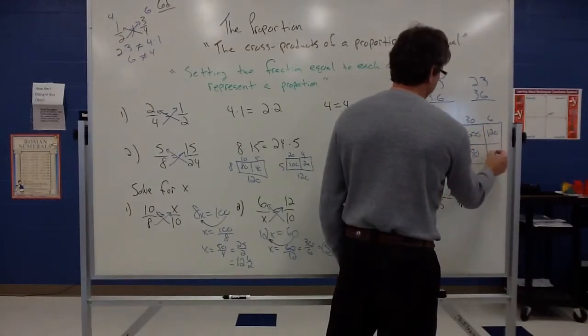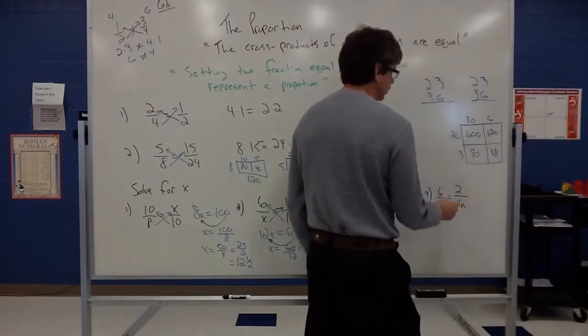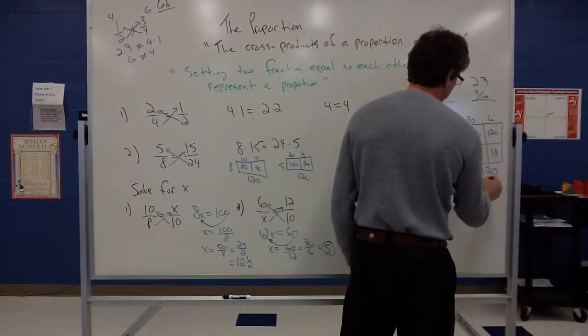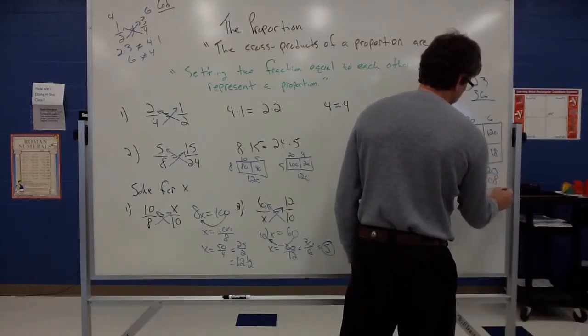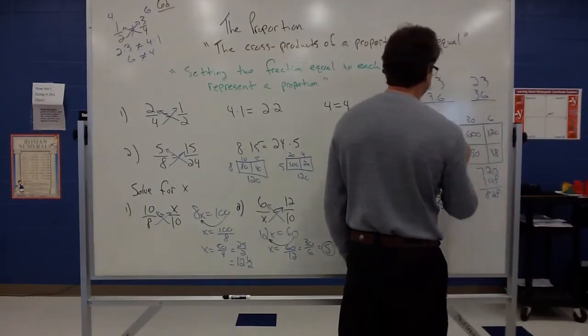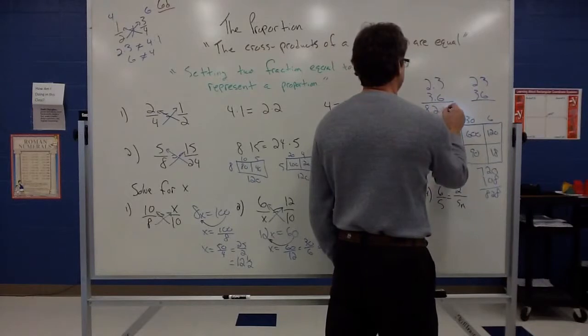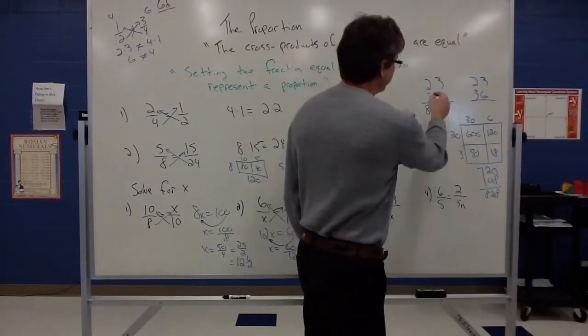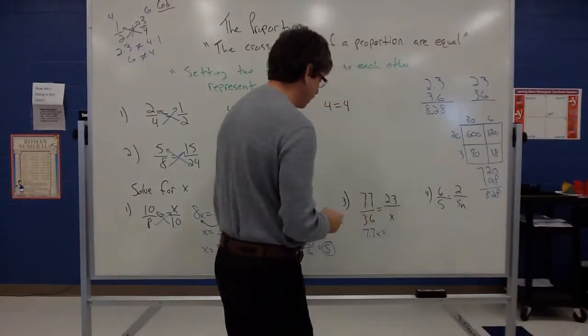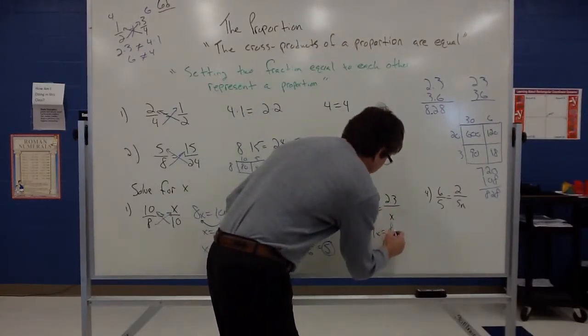And 3 times 6 is 18. So that would be 720 plus 108. Therefore, I'd have 828. And since I removed 2 decimal places, I've got to put those 2 decimal places back in the answer. That would be 8.28.